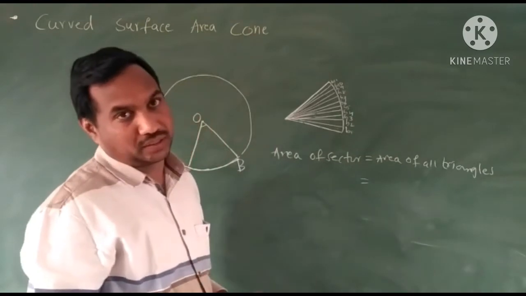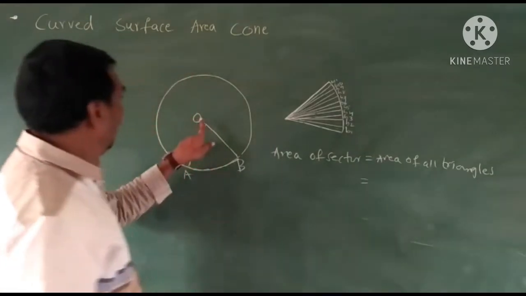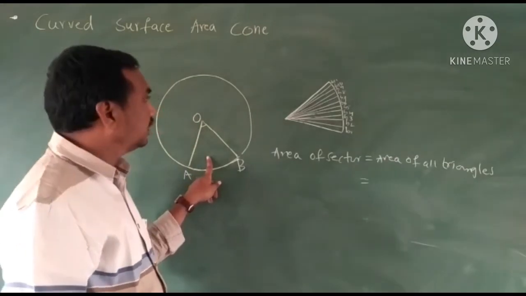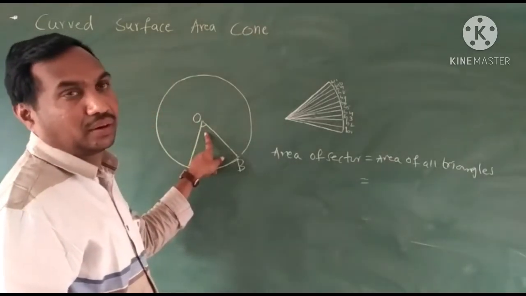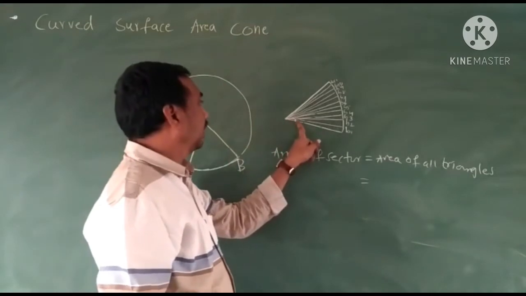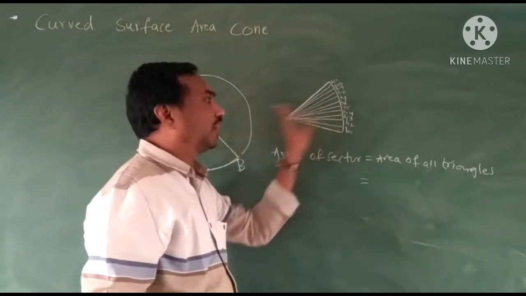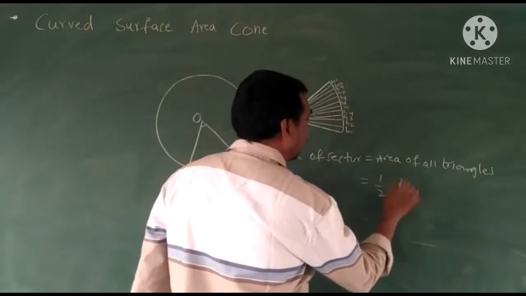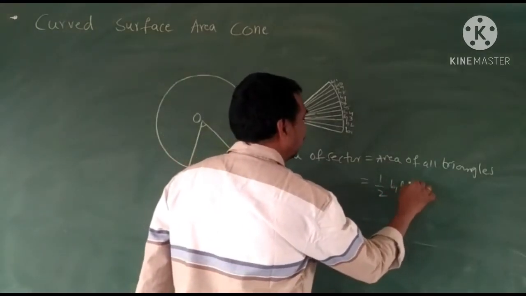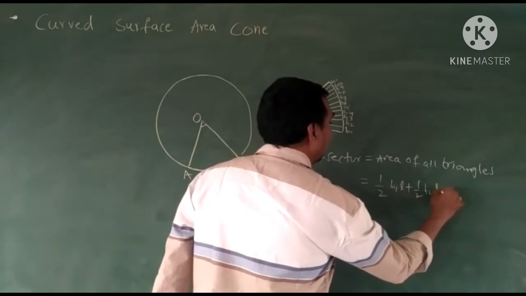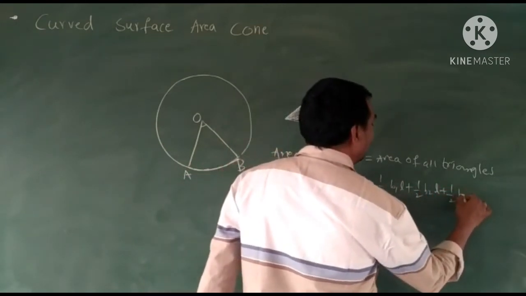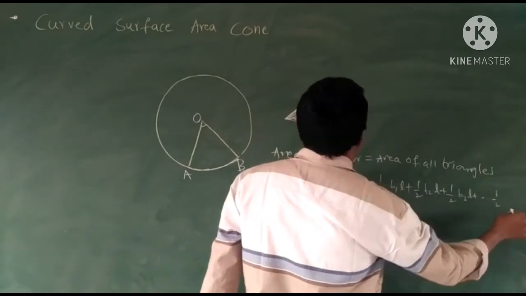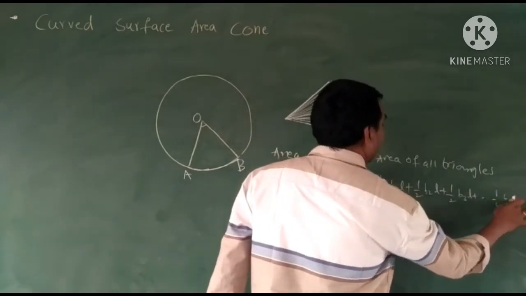Half into base into height. Here the height is L, the same height for every triangle. That is half into B1 into L, half into B2 into L, half into B3 into L, and so on, half into B11 into L.